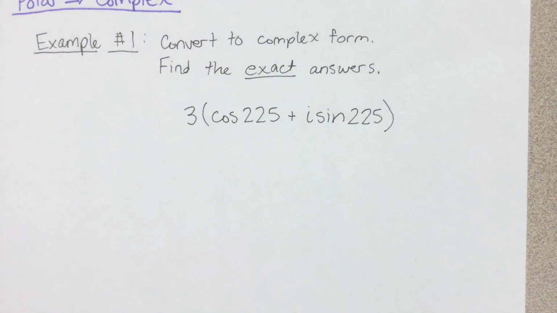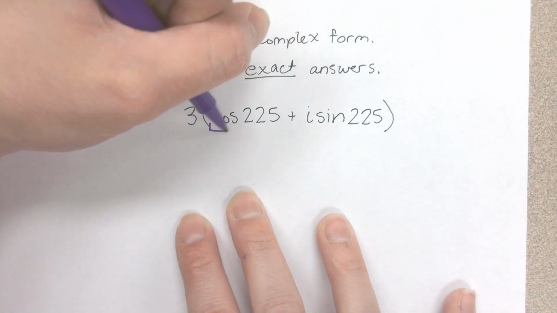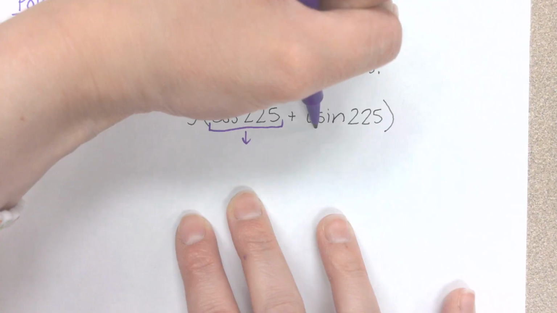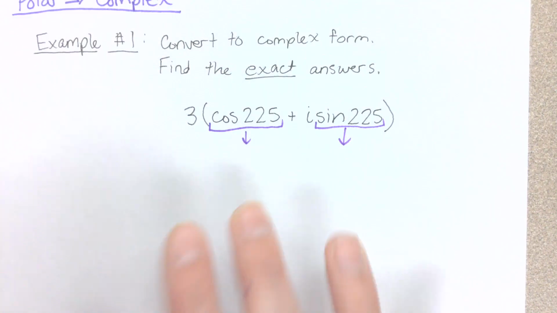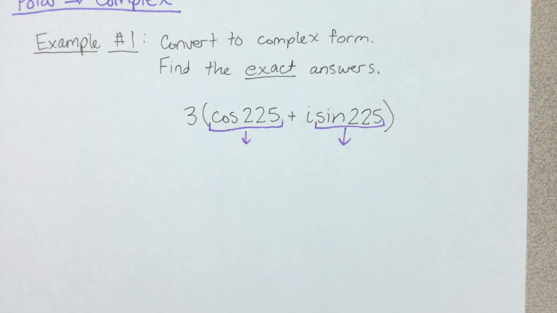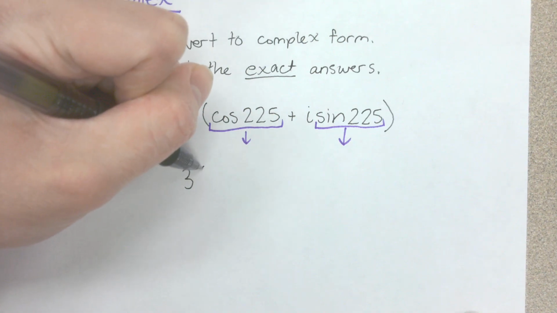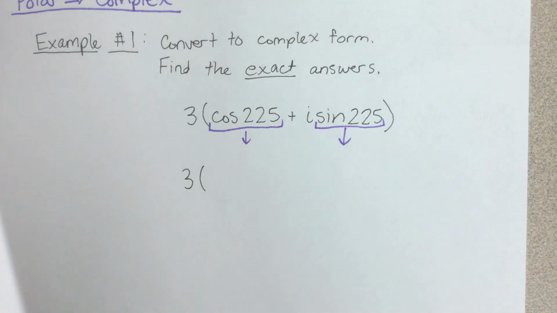All you're going to do essentially is substitute the sine and cosine values and then do the algebra that is required. So first thing I'm going to do is replace cosine and sine with what they're equal to. So we have 3 times cosine of 225.